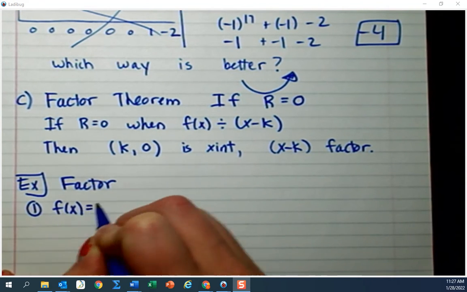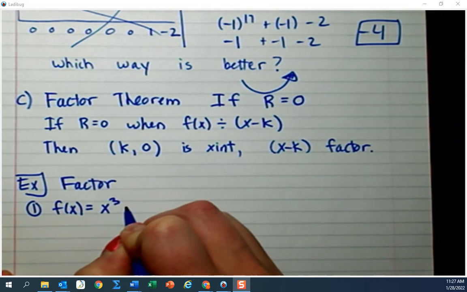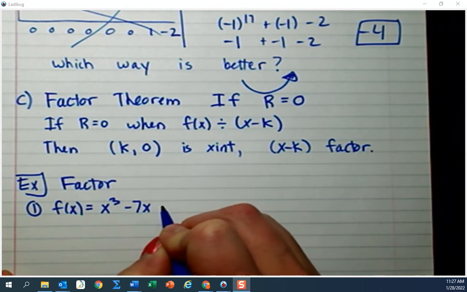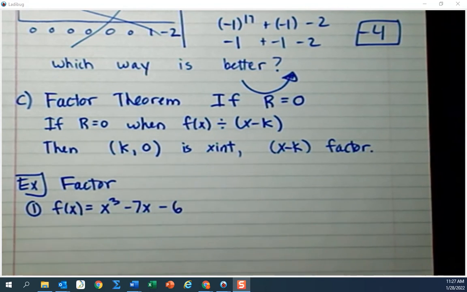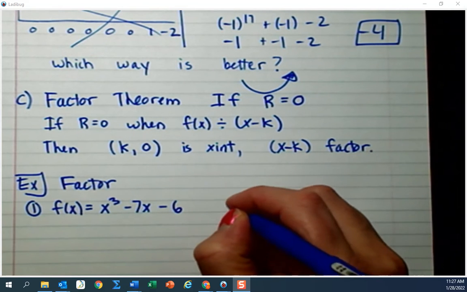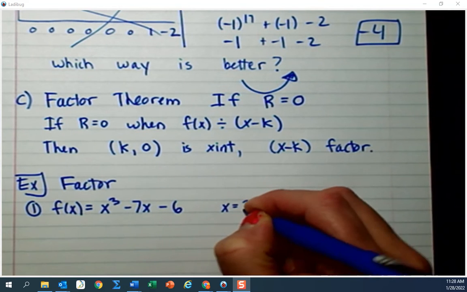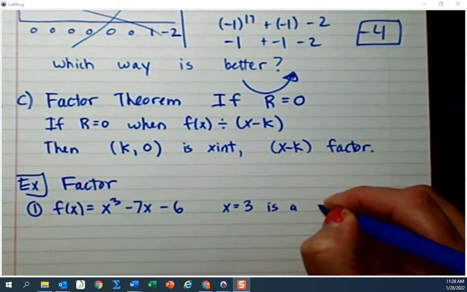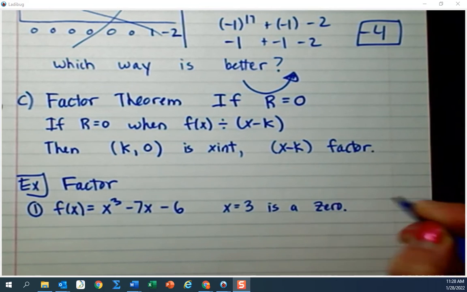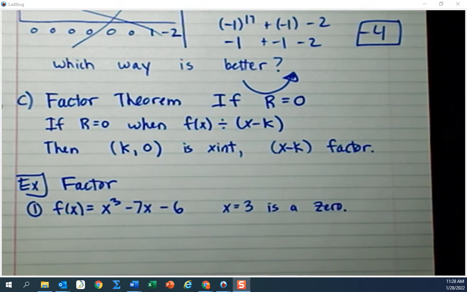F of x equals x cubed minus 7x minus 6. And I'm going to tell you that x equals 3 is a 0. We're going to use this factor theorem to help us with the factoring.